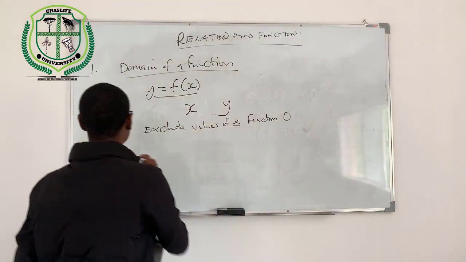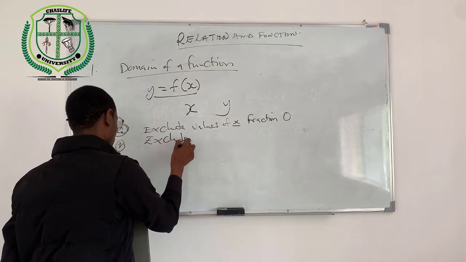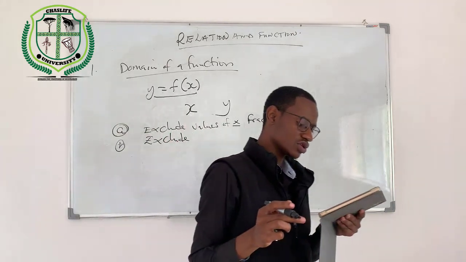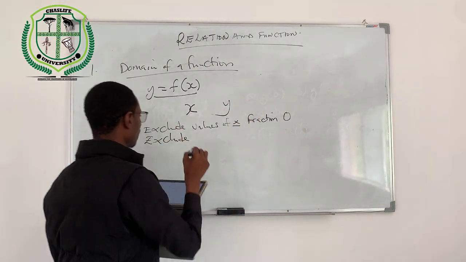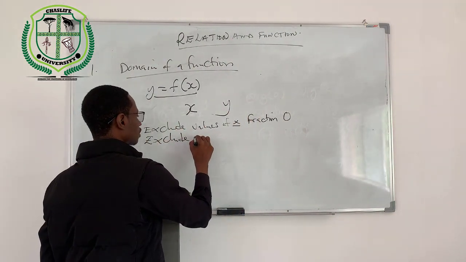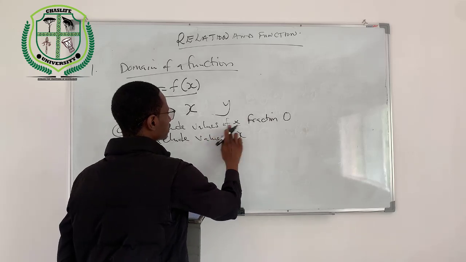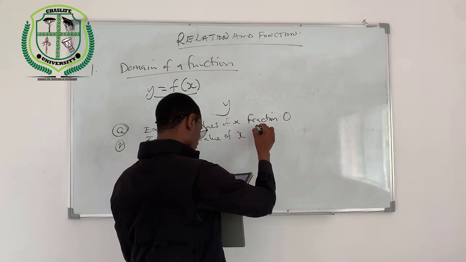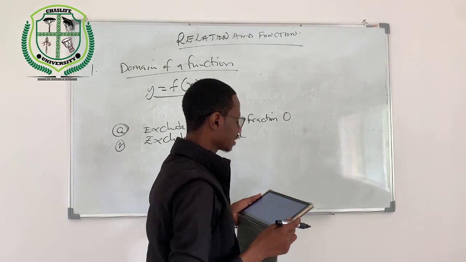Number 2, exclude values of x that make a negative value within a square root.